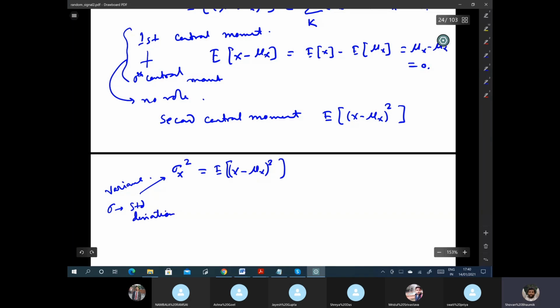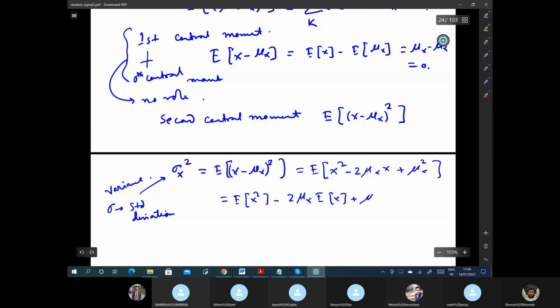Okay, so this will be equal to E of x square minus 2 mu x times x plus mu x square. This will be equal to E of x square minus 2 mu x times E of x plus E of mu x square, that is simple.